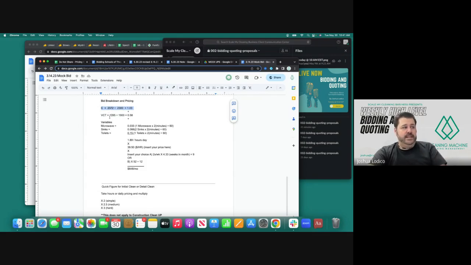If it was 1,900, it would be 2,372 divided by 1,900. And this is how you do your equation on your calculator: the square footage of the building divided by your production rate. When you get to that point, this is the hours that it's going to take you to clean the carpeted areas. 1.03 hours is how long it's going to take.